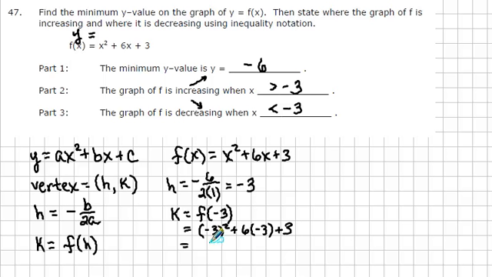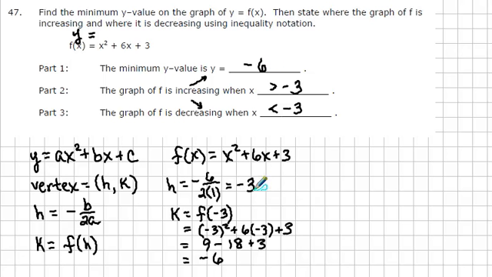The square of negative 3 is 9. 6 times negative 3 is negative 18. And then we add our constant of 3. 9 minus 18 is negative 9. Negative 9 plus 3 is negative 6. So the minimum y value of the function is the value of k, which is negative 6.